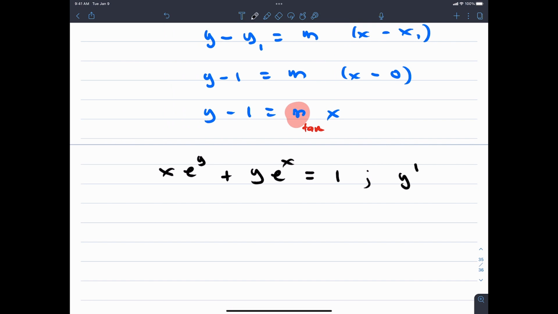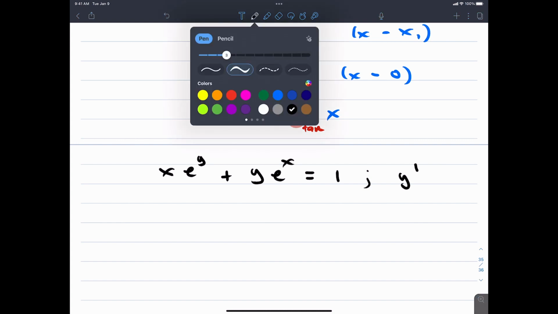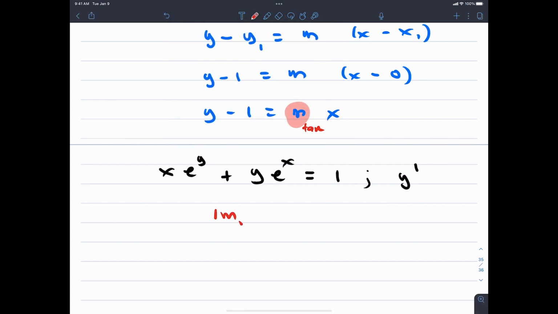That's my m tangent. Go back to Calculus 1. How do you get y prime for a relation? What's the name of that process? Implicit what?